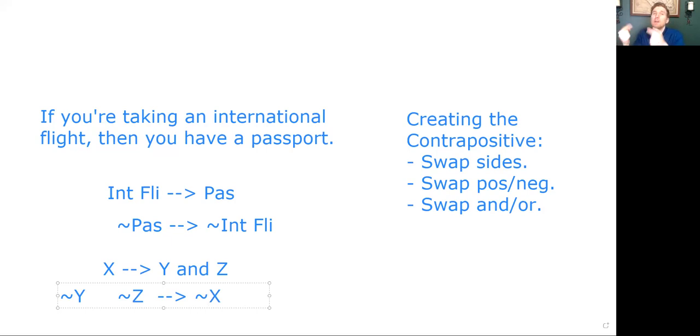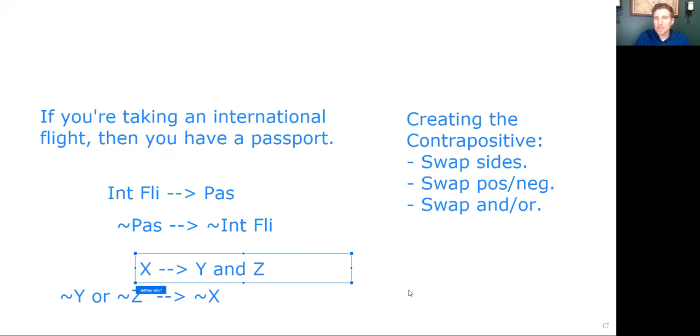So that means when we're creating the contrapositive, we got to swap that to an or. So we actually should have an or between that Y and Z. Also, as I mentioned previously, it's a good idea to line up your arrows like so. So we end up with our original statement of if X, then Y and Z, contrapositive. If you don't have a Y or you do not have a Z, then you will not have an X.